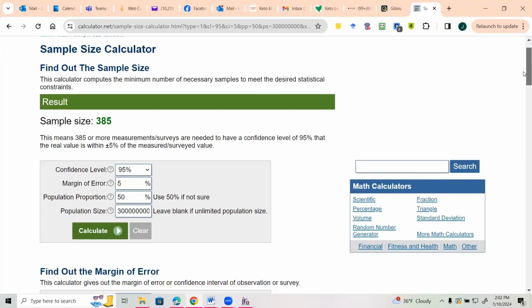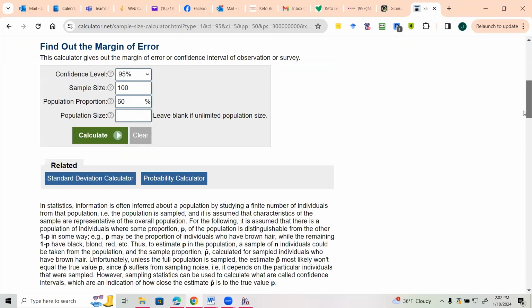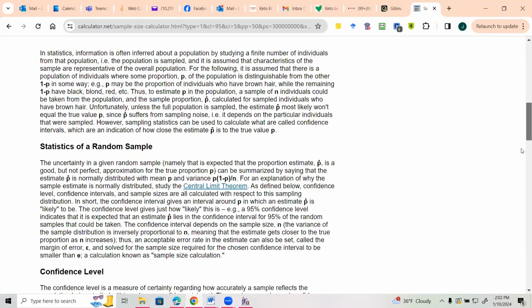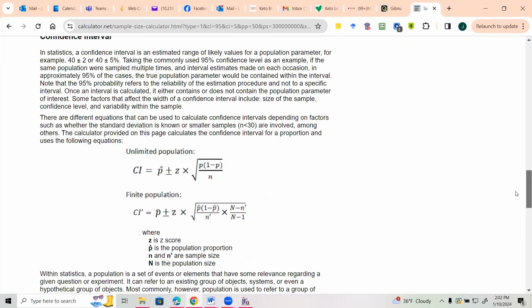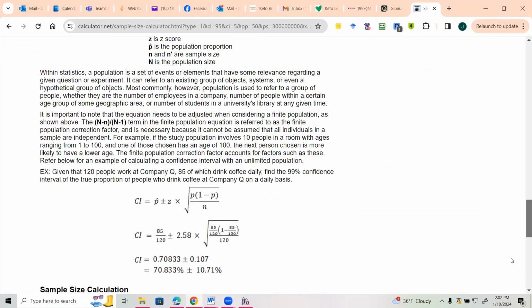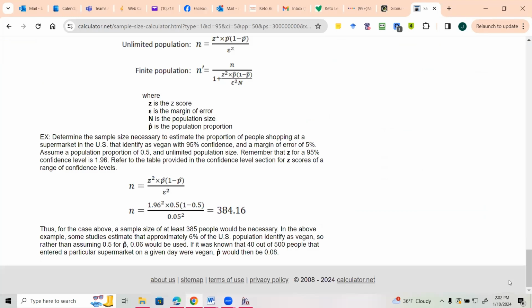Now, if I wanted to test all of the adults in the United States, it's telling me how it calculated it and all of that statistical mumbo jumbo, right? And it's saying 385 people.